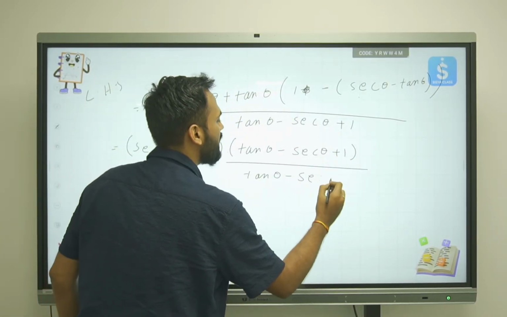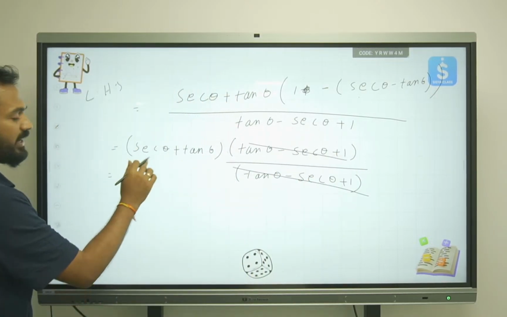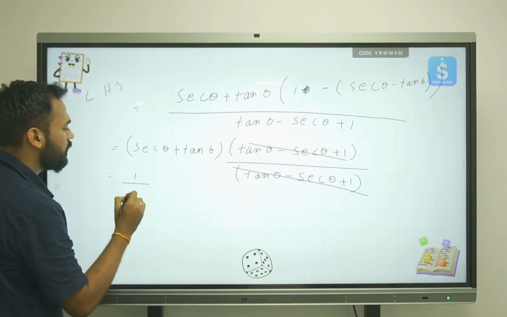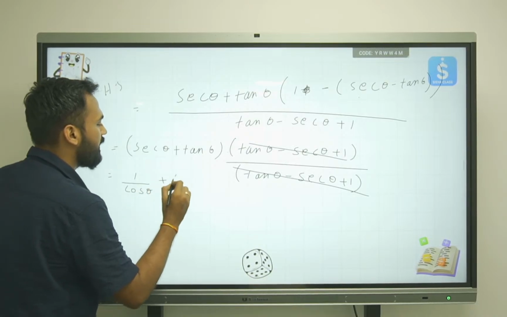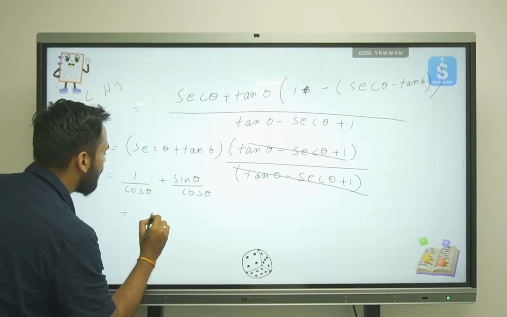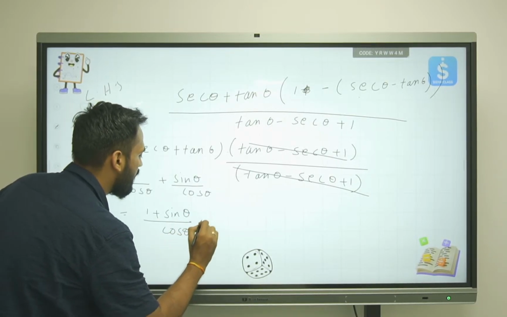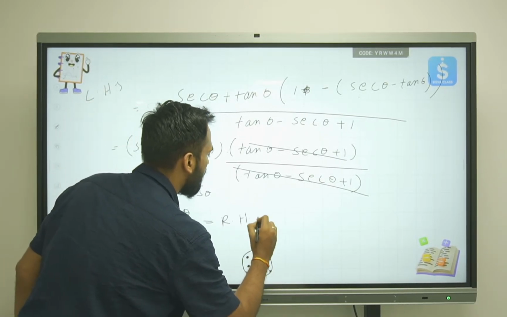So this term will get cancelled and I am left with secant theta plus tan theta. This is 1 by cos theta, this I can write as sin theta by cos theta, and we have the answer, 1 plus sin theta upon cos theta, which is equal to the RHS. Hence proved.